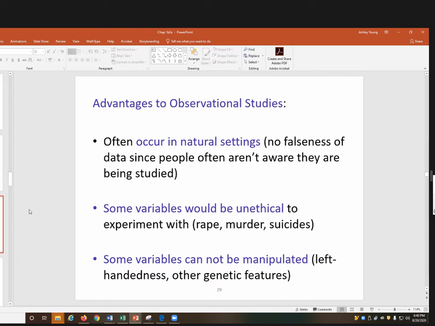Exactly. Perfect. Right. So maybe I want to know if having coronavirus, that's probably a little bit harder. So there's a lot of different things, or like if having an education leads to better jobs.